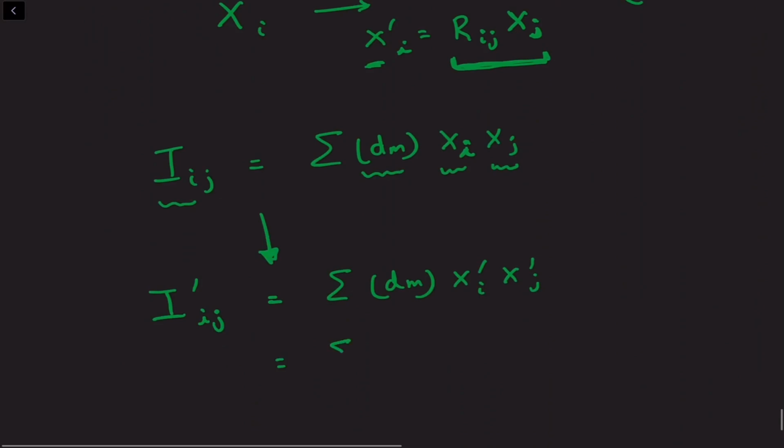In index notation, again, we can write this as R_i, and I'll just use a different index here because j has already been used, so this will give us R_il.